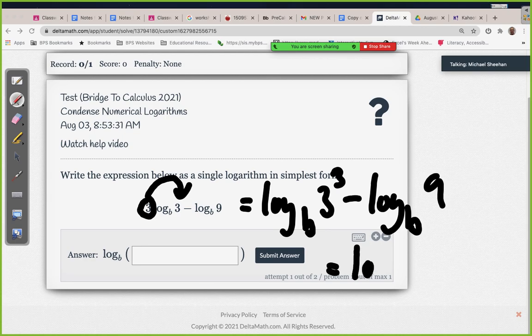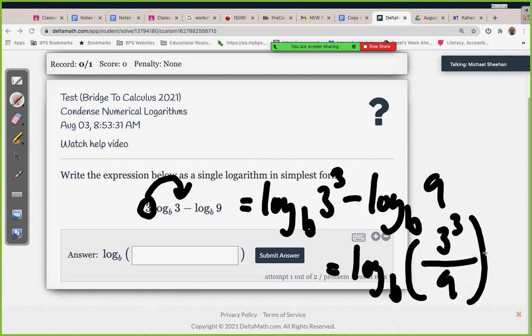So now we're going to combine them into one logarithm. The log of a minus the log of b is the log of a over b. And that's 27 divided by 9. And 27 divided by 9 is just 3.